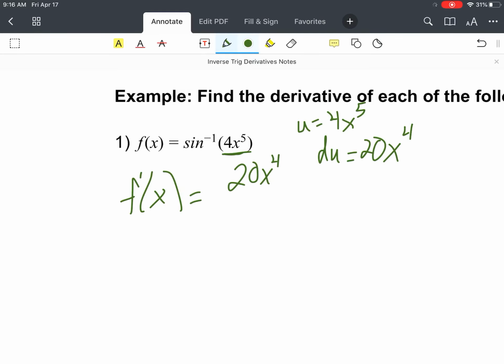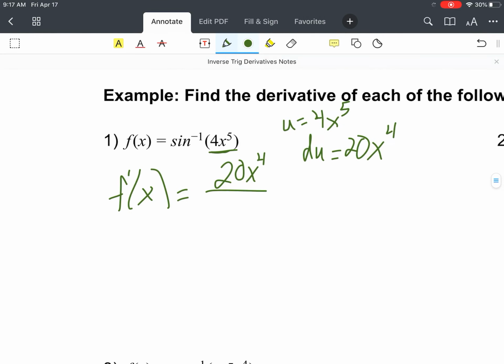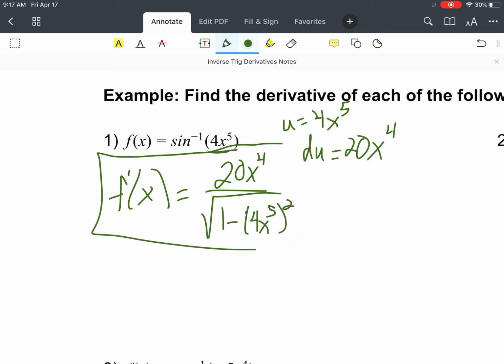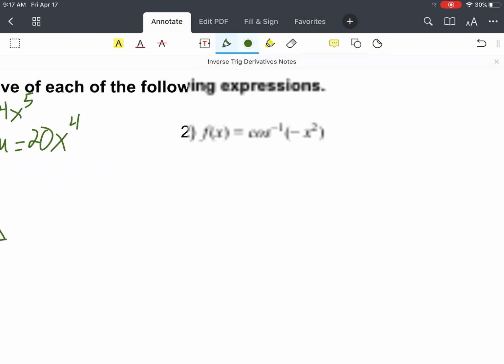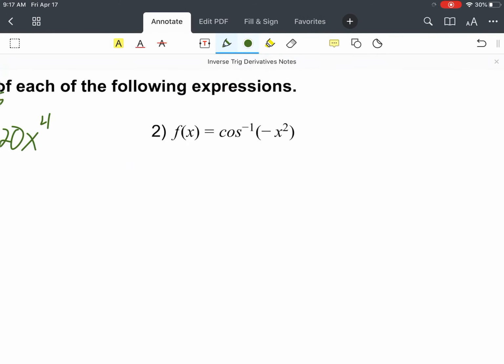All right, so I'm going to put the derivative of that inside function on top, and put it over the square root of 1 minus whatever was in there squared. And that's my answer. Okay, it's just a formula. We're just plugging things in to where they go.